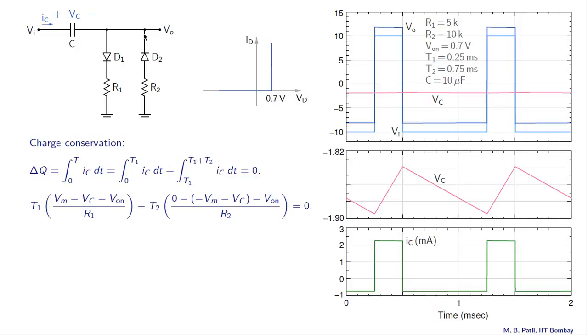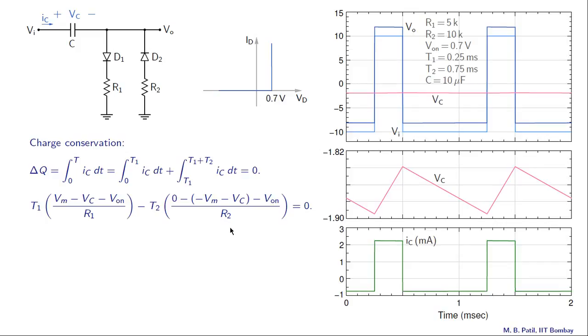So this node is at minus Vm minus Vc. So the voltage drop between these two nodes is 0 minus (minus Vm minus Vc). That is this entire voltage drop here. And from that we need to subtract the voltage drop across the diode D2, which is V on. So that is what we have done over here. So that gives us the voltage drop across R2, and that divided by R2 will give us the current.